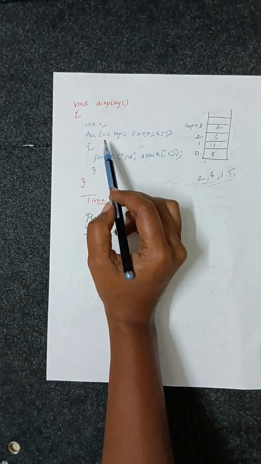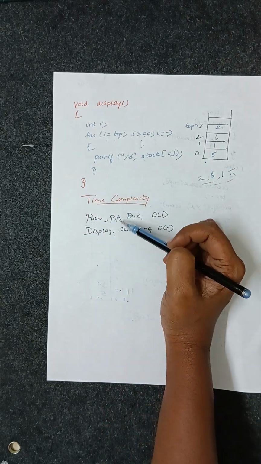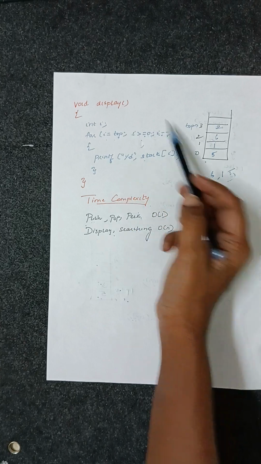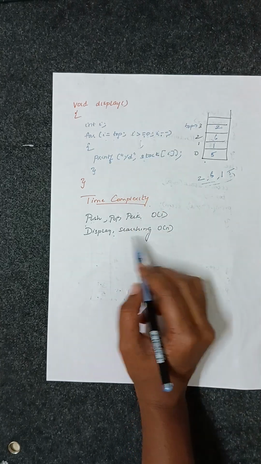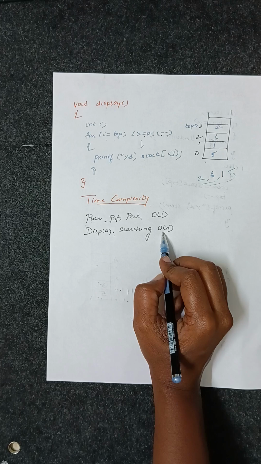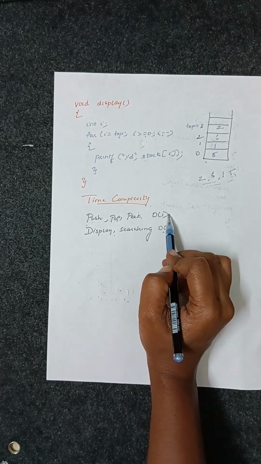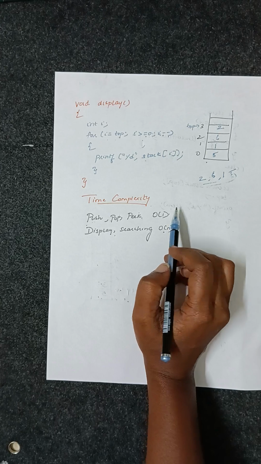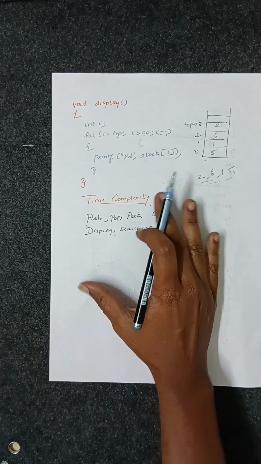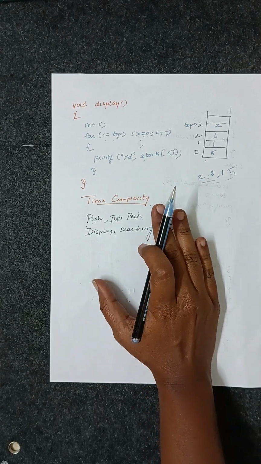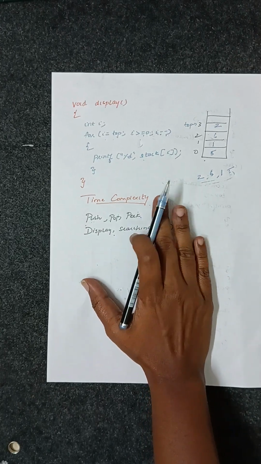As well as for traversing or searching, you need a loop. So for that the time complexity is order of n, whereas for push, pop and peek the time complexity is order of 1. So I hope you understood how to write a program for implementation of stack using array. Thank you.